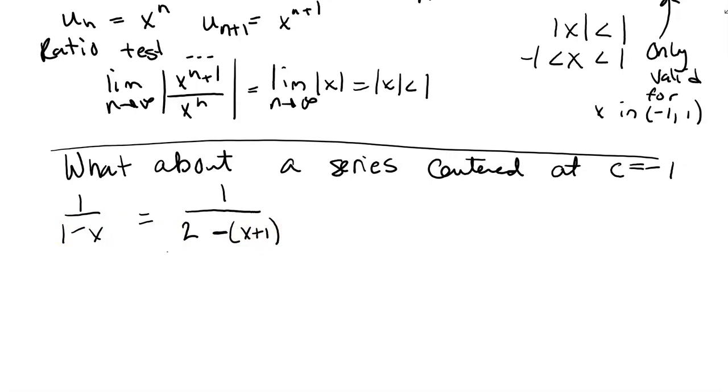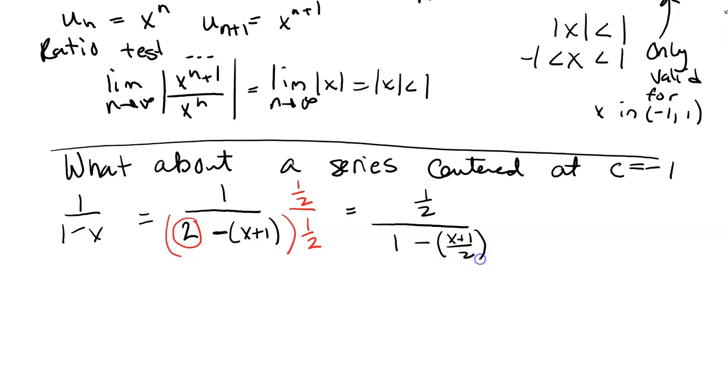Well, it doesn't fit that a over 1 minus r format that we're trying to get it to yet. So basically, we need a 1 to be right here. In order to do that, I could multiply the whole denominator by 1/2 and the whole numerator by 1/2. So this would give me 1/2 divided by 1 minus x plus 1 over 2. And if that is equal to a over 1 minus r, a would be 1/2, r would be x plus 1 over 2.